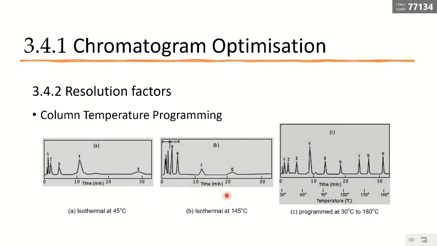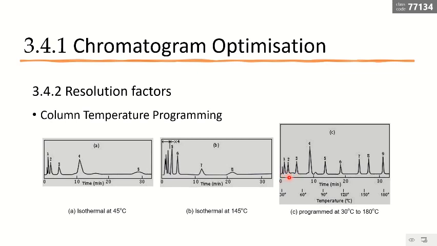If we program the temperature from 30 to 180, basically we control how much the oven temperature increases, then you can say, oh, not bad. It's not only 8 peaks, this one gets 9 peaks. Basically, more compounds are nicely eluted out, and the peaks do not overlap that much.